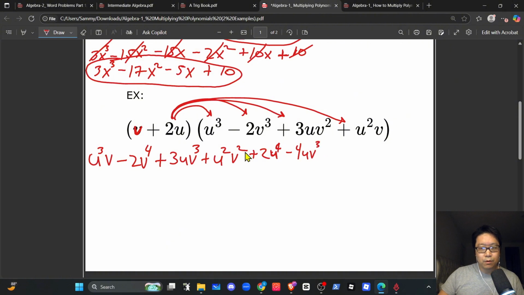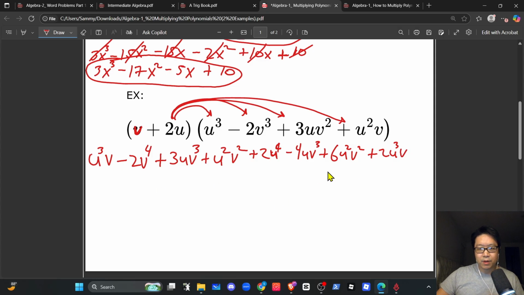And then 2u times 3uv squared is going to be positive 6u squared v squared. And 2u times u squared v is going to be 2u cubed and v, just all by itself.